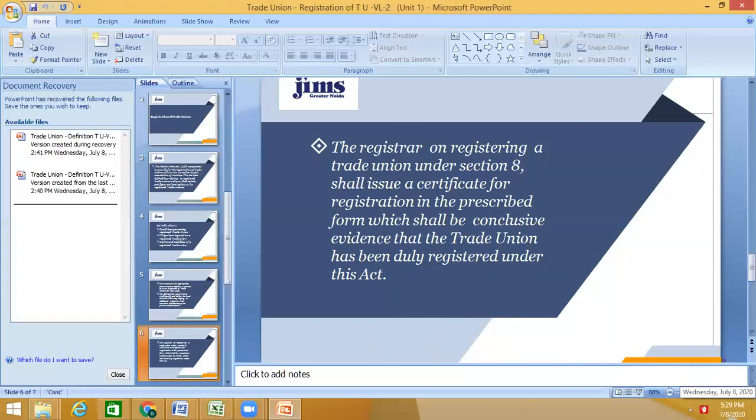So this is all about the registration of the trade union.